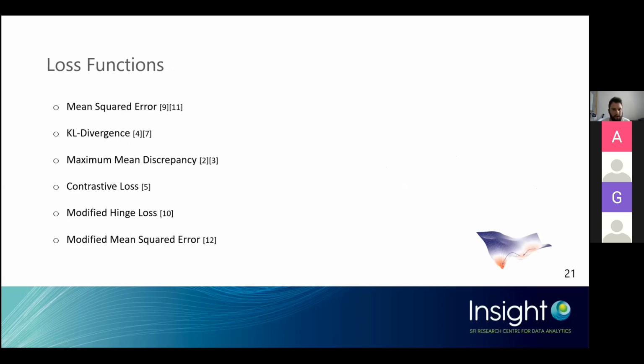And then just to give a really brief look at the types of loss functions that are actually used by methods. You've got everything from simple losses like mean squared error, which is just a regression loss, to people proposing their own losses based off representation learning and maybe even inspired from GANs.